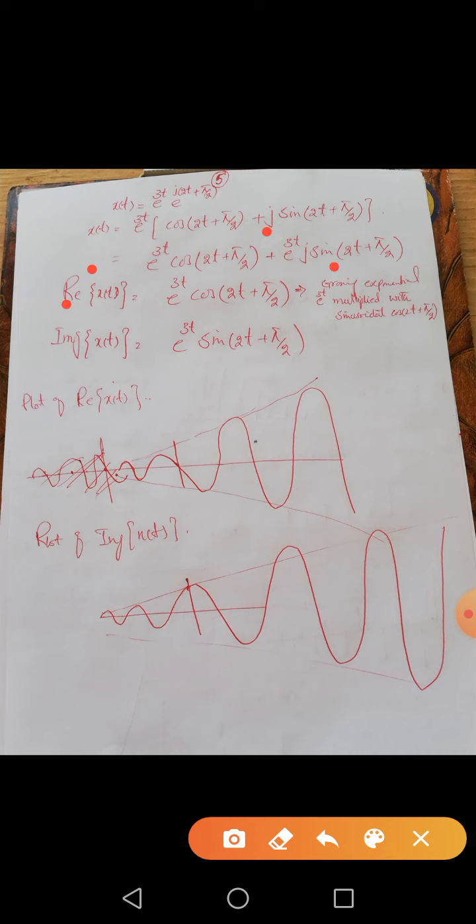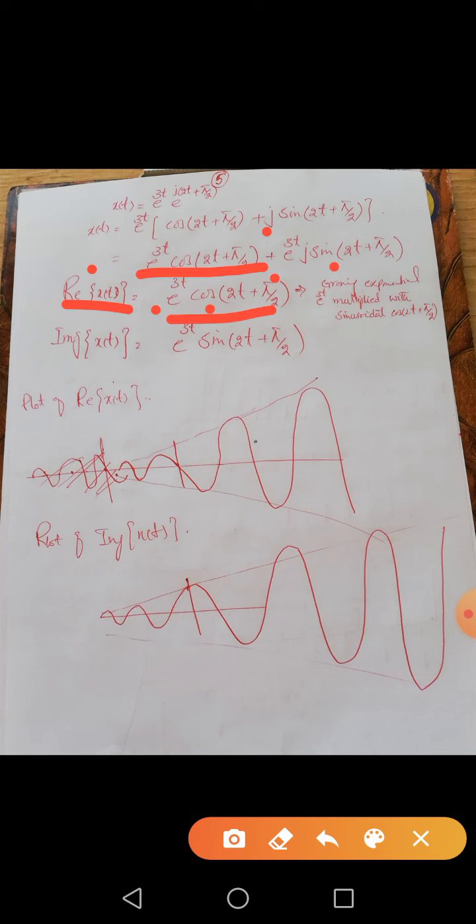Now if I write real of x of t, that means the real part of x of t, and the real part of x of t is e power 3t into cos(2t plus pi by 2). This is nothing but the growing exponential e power 3t multiplied with a sinusoidal signal cos(2t plus pi by 2), which has an initial phase of pi by 2.